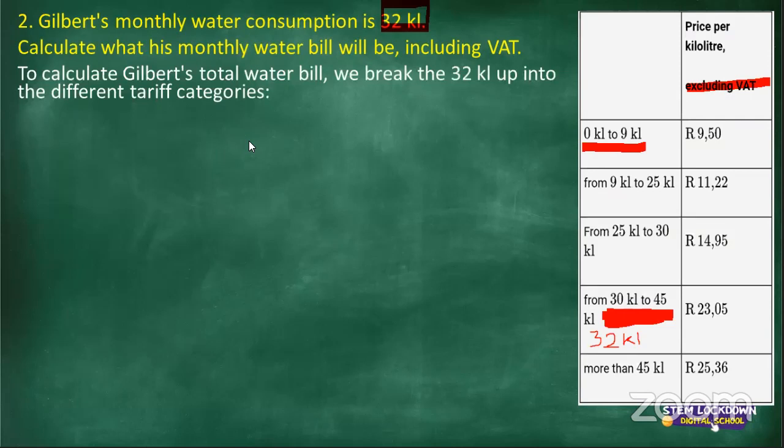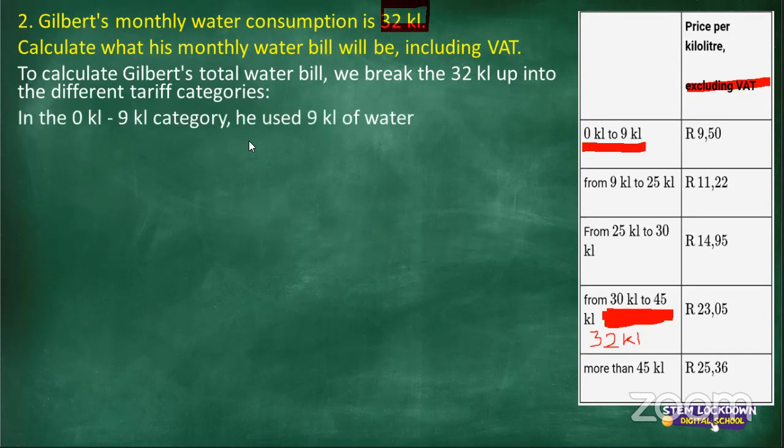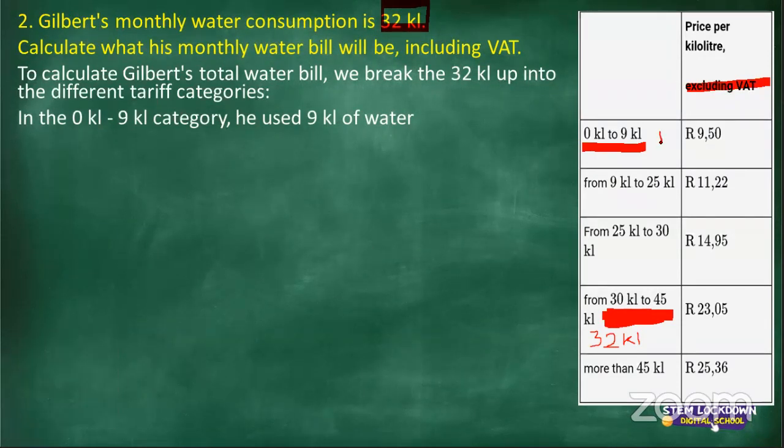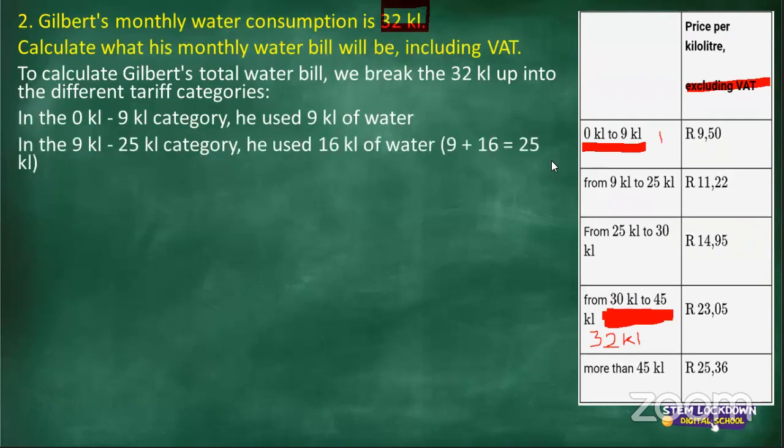Now, to calculate, we break this 32 kiloliters up into the different tariff categories. In the 0 to 9 kiloliters category, the very first category, he used what? He has used 9 kiloliters of water. That's the first category.